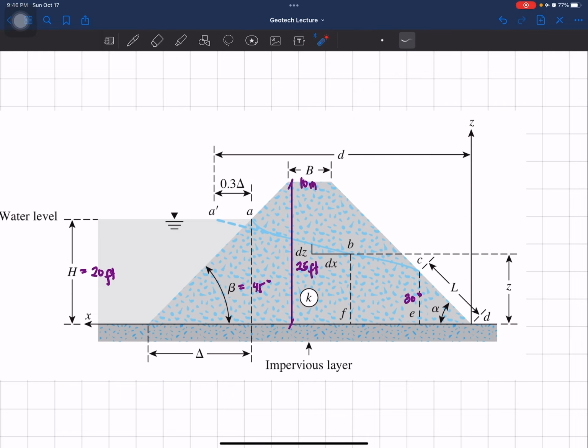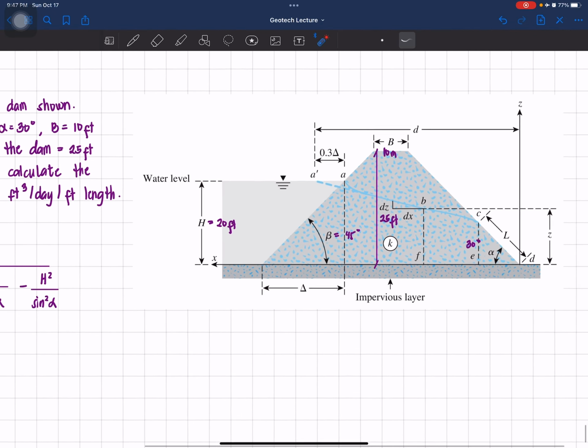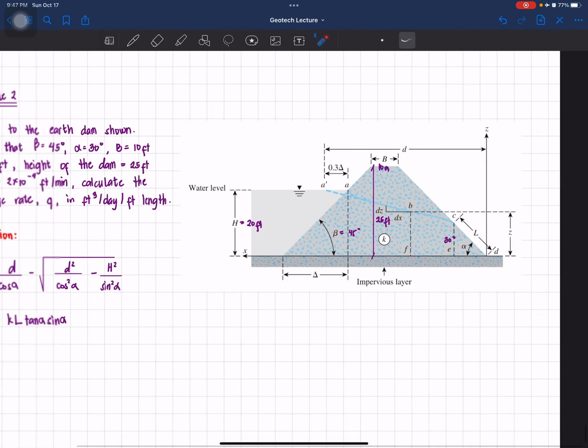So, that will be our distance D. The distance from this point A prime to the D can be calculated using basic trigonometry. First, let's follow the steps. The first step is we have to determine the delta. How are we going to determine the delta?